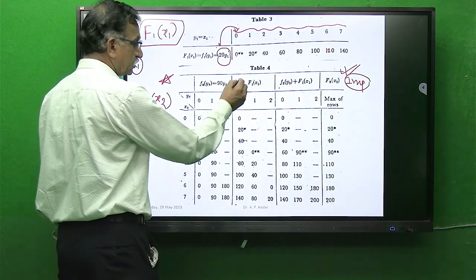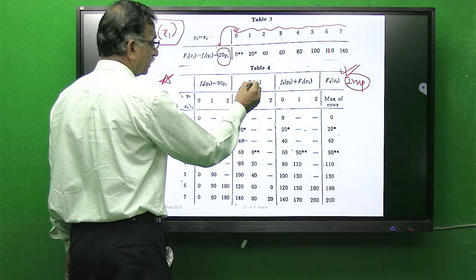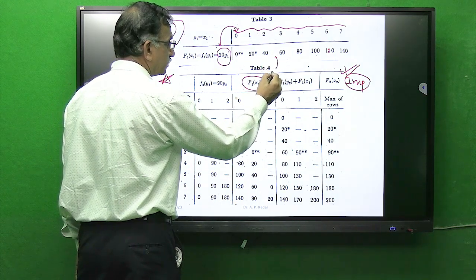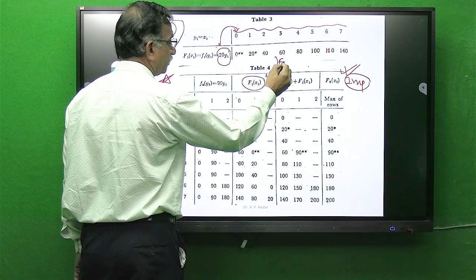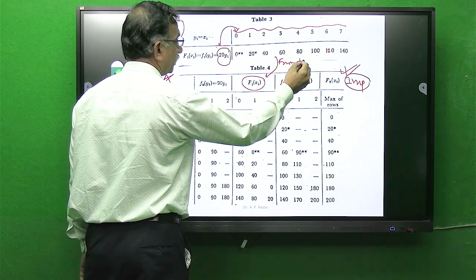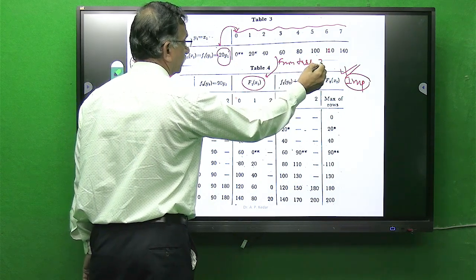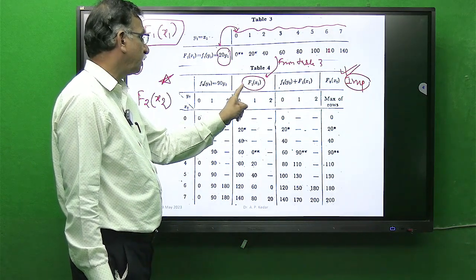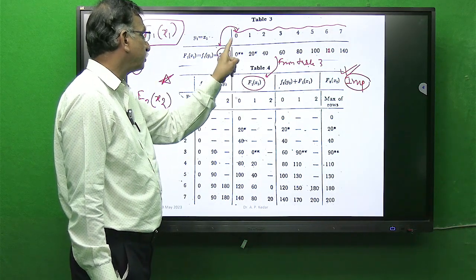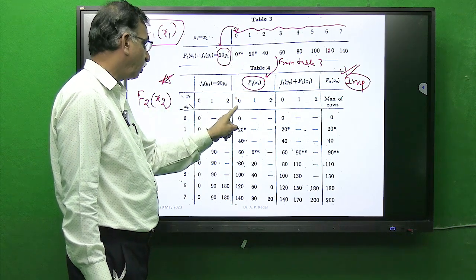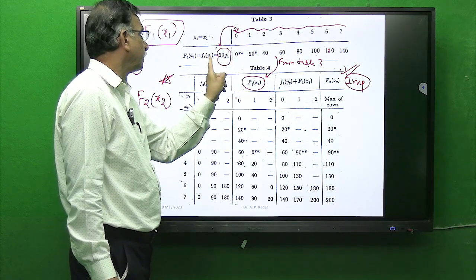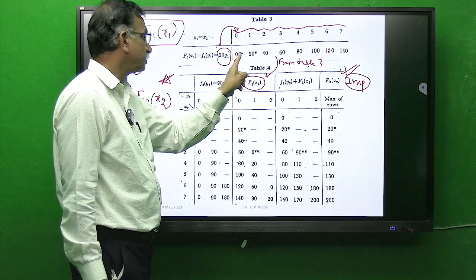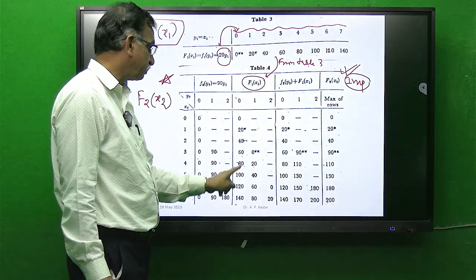Now this particular column is from table 3. How? See here, f1 of x1 for 0 value: all values range from 0 to 140, that is 0, 20, in this fashion.